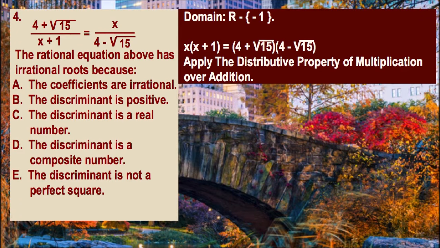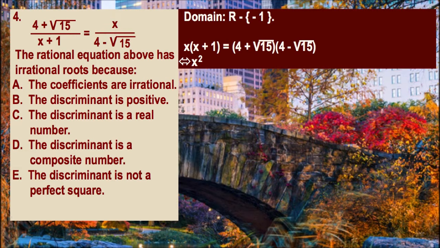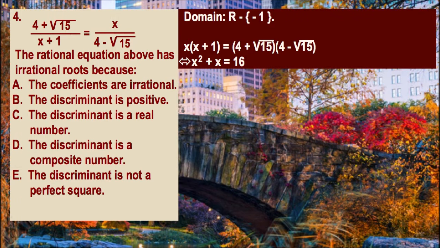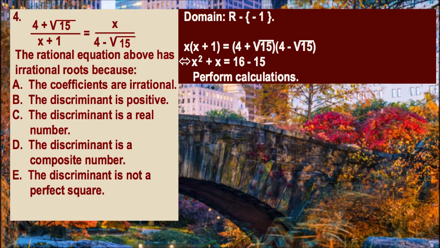Let's apply the distributive property of multiplication over addition. Equivalent to x squared plus x, and then we compress the special product into difference of squares on the right side of this equation, which equals 16 minus 15. Performing calculations, equivalent to x squared plus x equals 1.